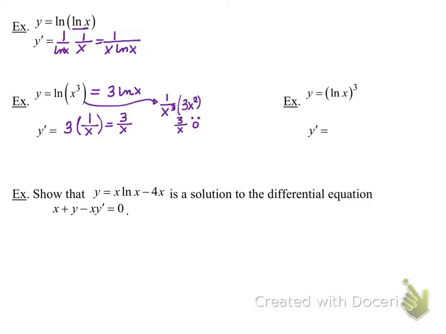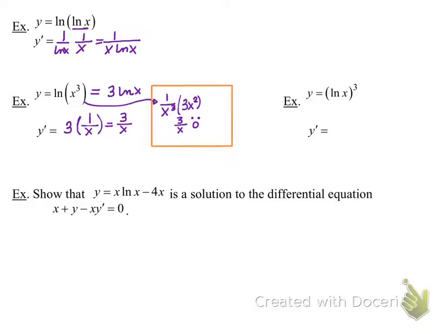Even if we did it the long way around, where we did not bring that power down first, we would still get 3 over x as our derivative.